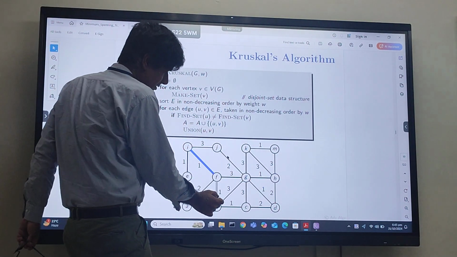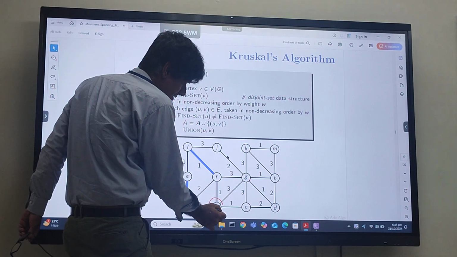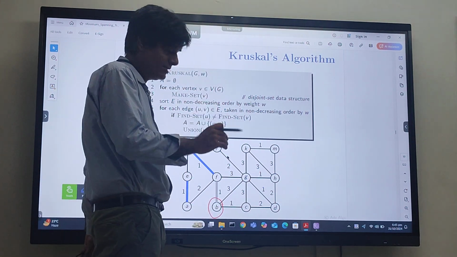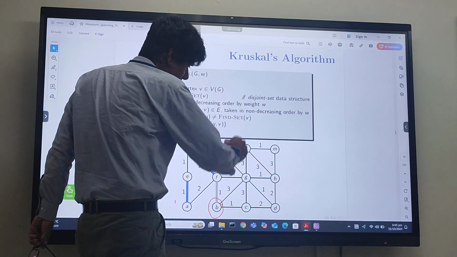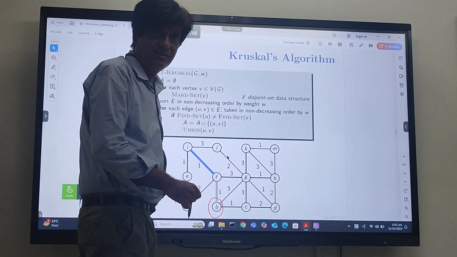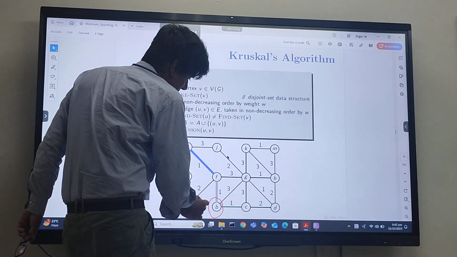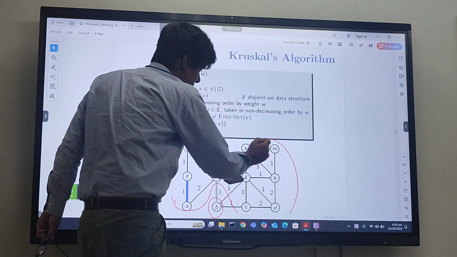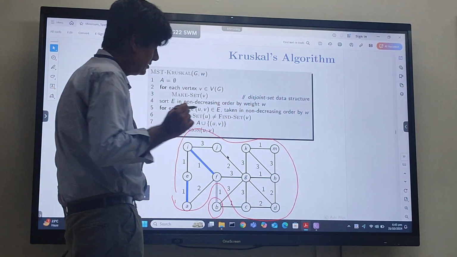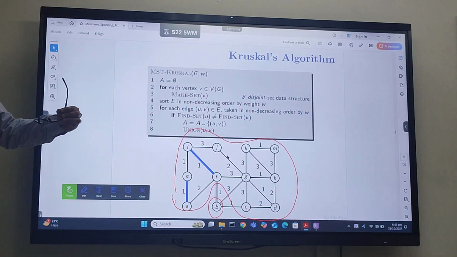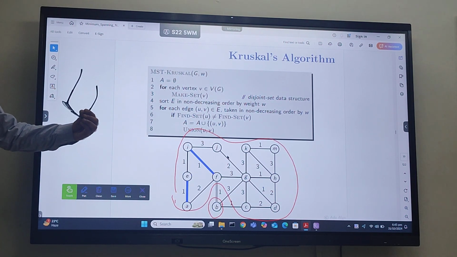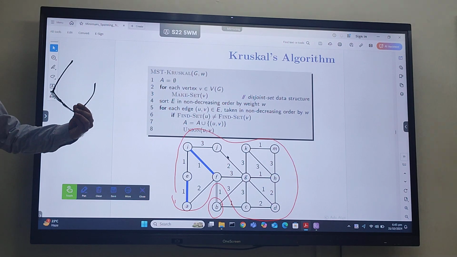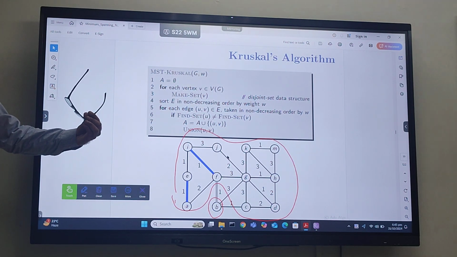I can say that this is one part, this is one set, and the whole other graph is in the other set. If we look at it in that way, it gives us a partition that is respecting A.